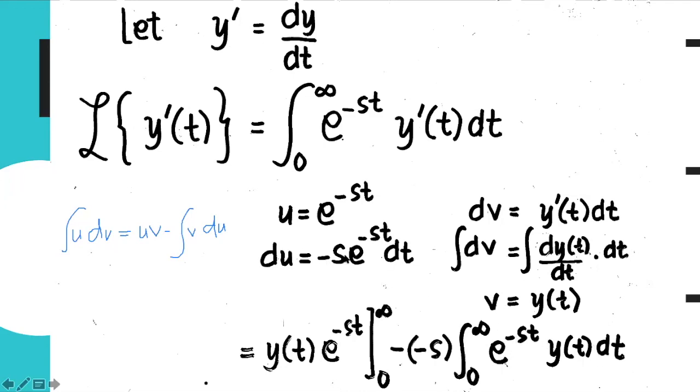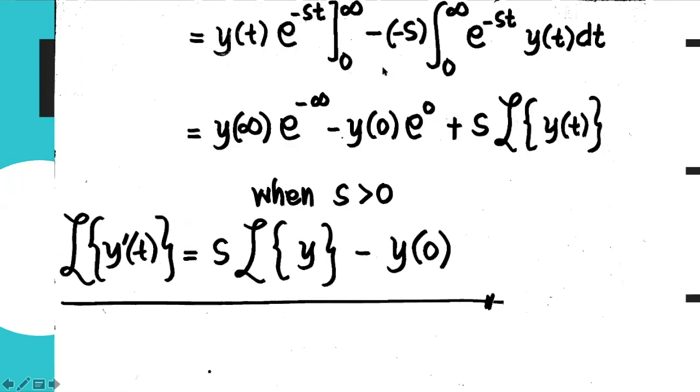And what is our v? Our v is y of t. This is not y times t. This is y as a function of t. And then we apply the limits, upper limit minus lower limit.